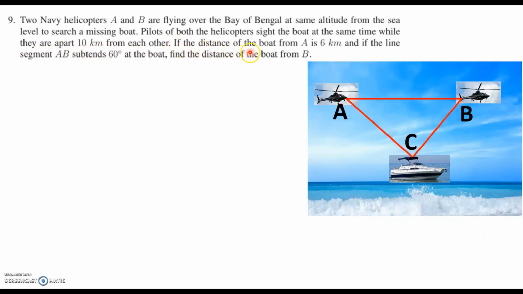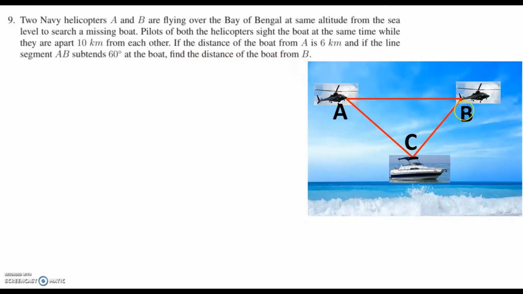If the distance of the boat from A is 6 kilometers, so this length AC is 6 kilometers, and if the line segment AB subtends 60 degrees at the boat, which means this angle here, which is angle C, is 60 degrees, then find the distance of the boat from B. So you need to find the length BC.